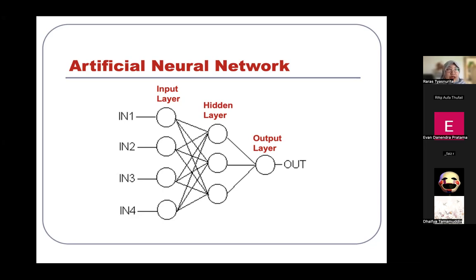Usually, in the beginning of artificial neural networks, they said multi-layer means the standard one. So you have input, hidden, and output. So your single hidden layer is already a multi-layer neural network.